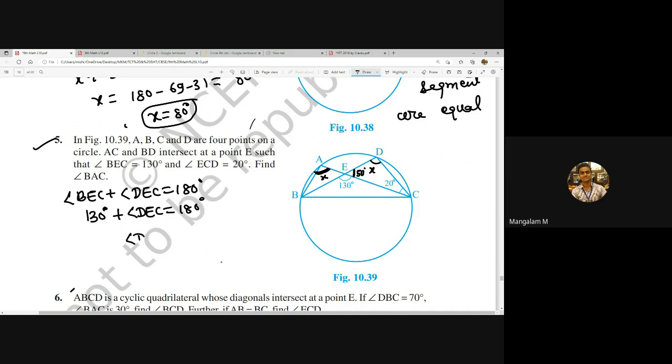So angle DEC is equal to 50 degrees, right? Now in triangle DEC, X plus 20 plus 50 degrees is equal to 180 degrees. So the value of X is equal to 180 minus 70. The value of X will be 110.